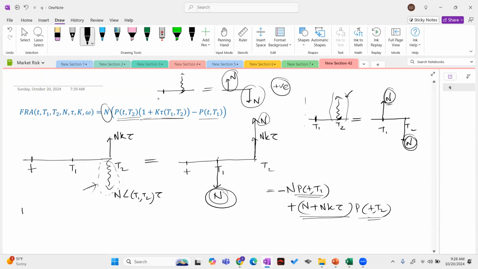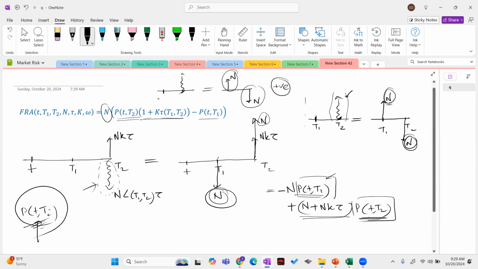You need to find out all these P(t,Ti), an assembly of zero coupon bond prices, because these will be used left, right, and center in all of the derivative pricing. So you need to have the discount factors handy with you. Once you already have this, pricing an FRA is a cakewalk. You just need to cherry pick two discount factors from the list, plug them in, and then you have the valuation.